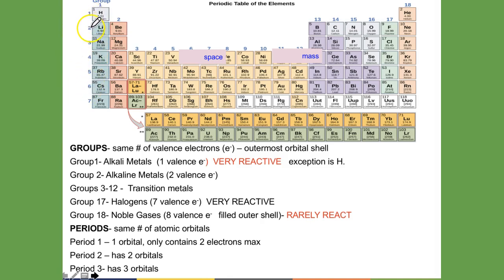Period 1, 2, 3, 4, 5, and so forth, all the way down to 7. This gives you a little cheat sheet to tell you how many orbitals there are around these atoms. So, very, very simple.